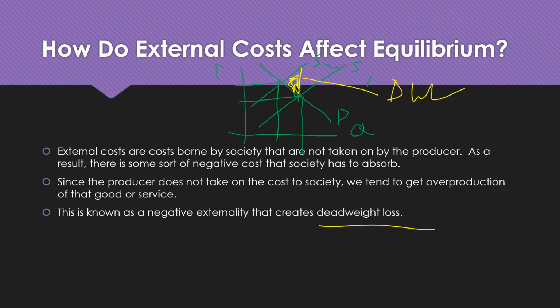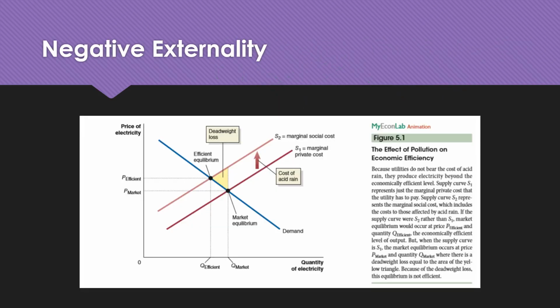But really what it's telling you is that we now have an added cost that society is taking on. So it is still loss in economic surplus, but in a way it's actually more added cost. So that triangle represents, in terms of a dollar value, the monetary cost of the overproduction of that good or service. So hopefully this does a better job of visualizing it.